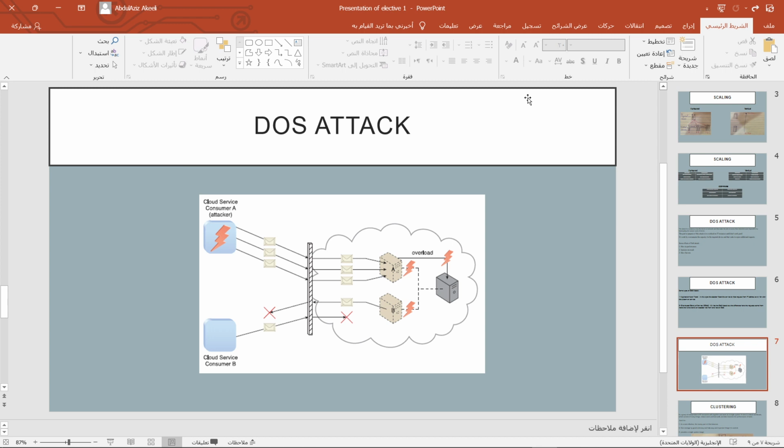Here we have consumer A and consumer B. Consumer A is the attacker. As we see, consumer A, the attacker, sends a lot of messages to make overload until consumer B does not work or cannot access the system.